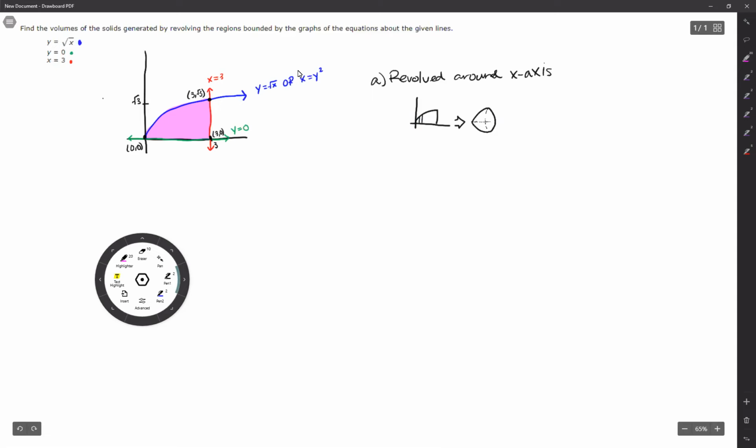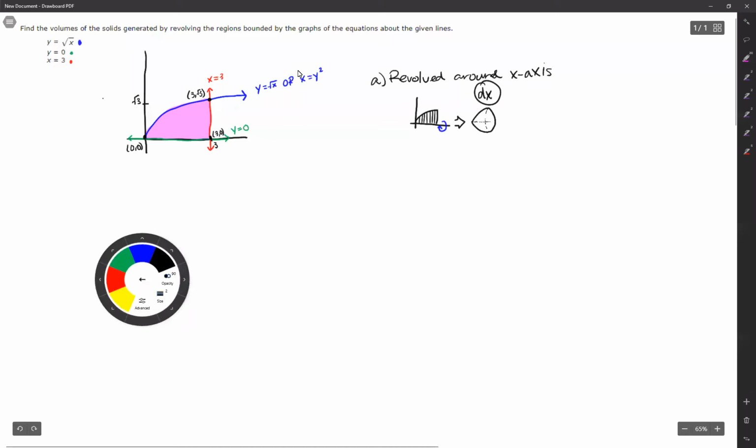Because as you remember, disks are perpendicular to the axis of revolution, right? And our axis of revolution is horizontal, so our slices or our disks must be vertical. And so that'll be dx. Okay.